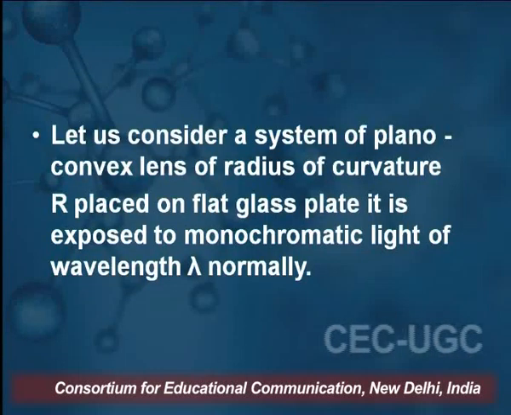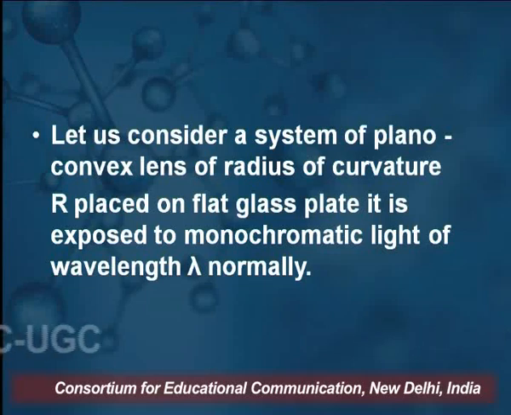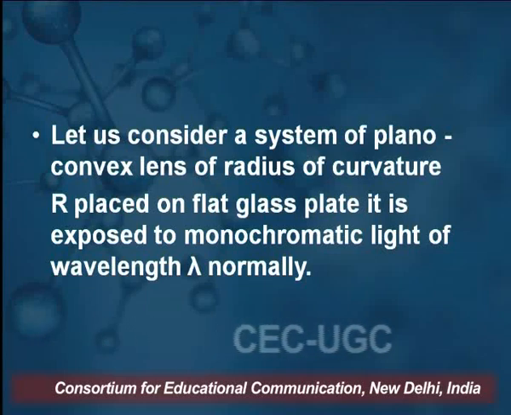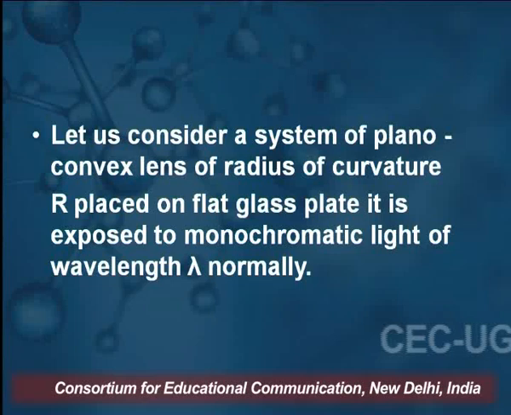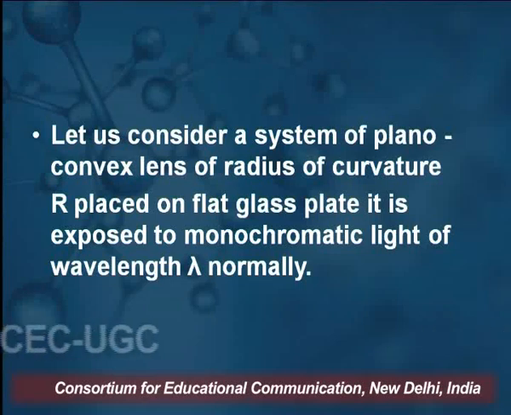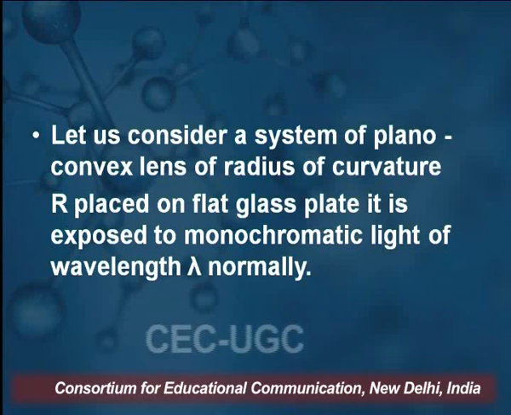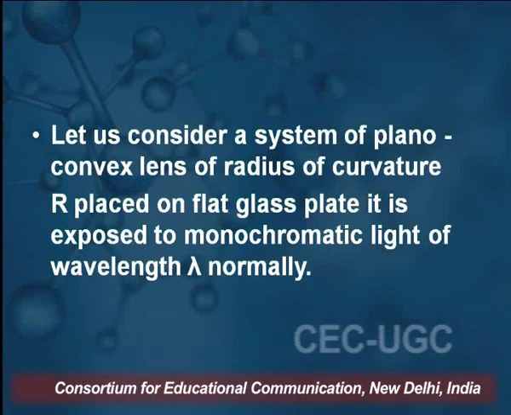Now we consider a system of a plano-convex lens of radius of curvature R placed on a flat glass plate, which is exposed normally to monochromatic light of wavelength lambda. The light falls from a glass plate mounted at 45 degrees upon this arrangement.